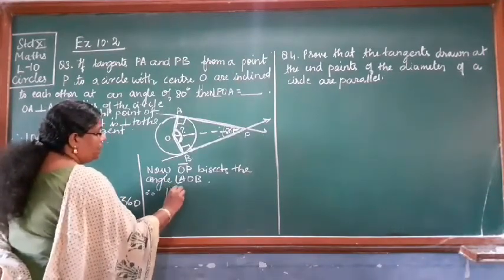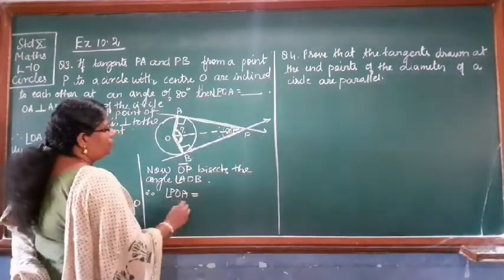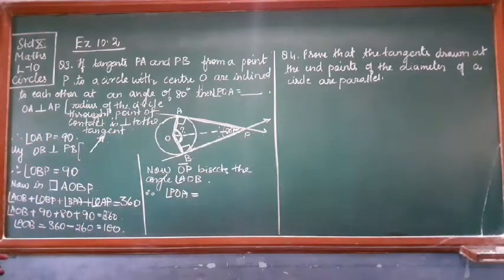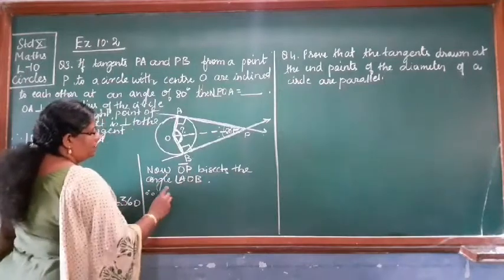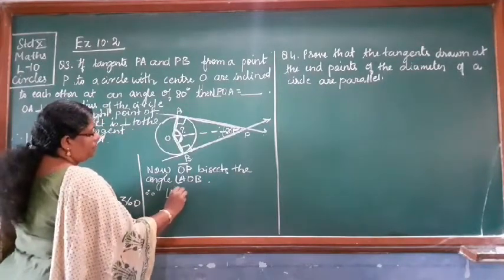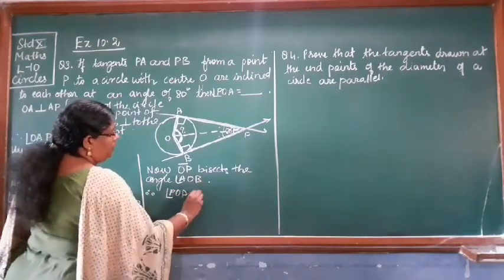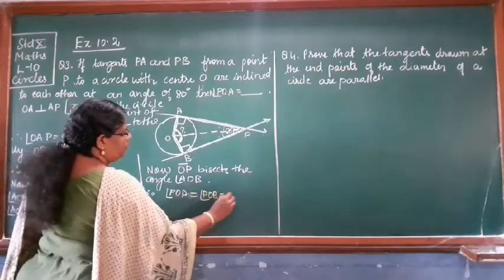Okay, so therefore angle POA will be equal to what? Bisects matlab it will be divided into two equal halves, isn't it? So therefore angle POA, or one more step you can write, angle POA equal to angle POB will be equal to what?